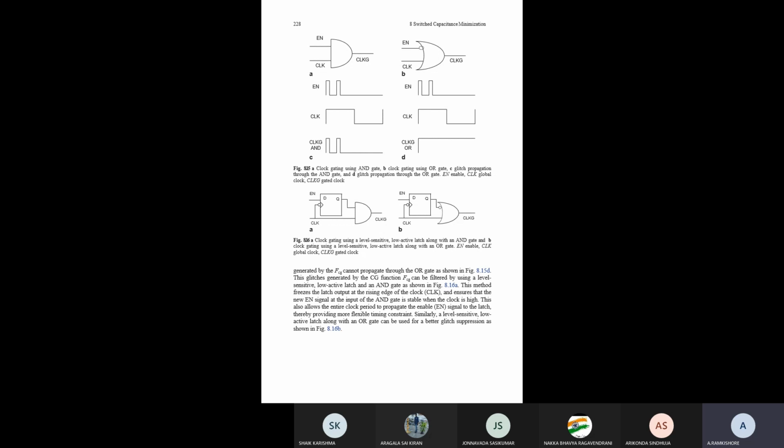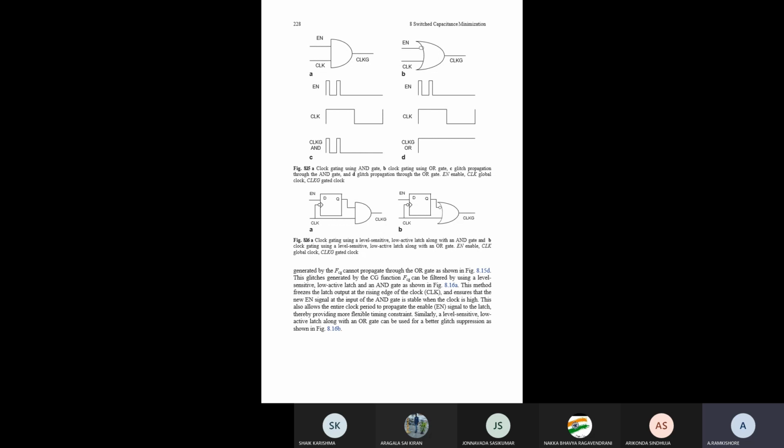Whenever the gated clock signal does not maintain a 0 level, it introduces glitching components.